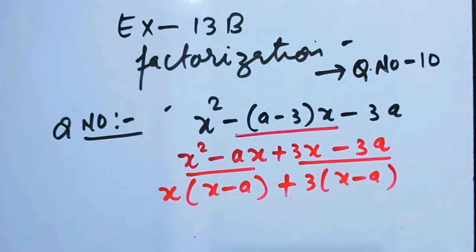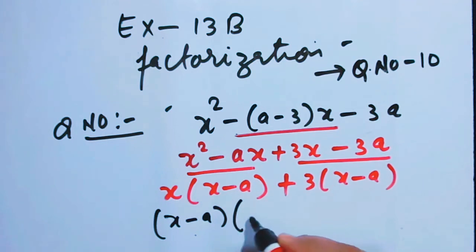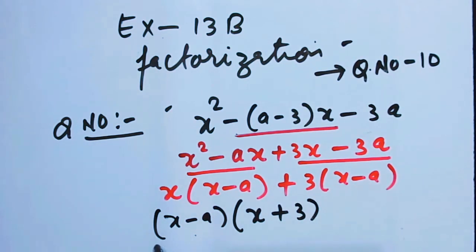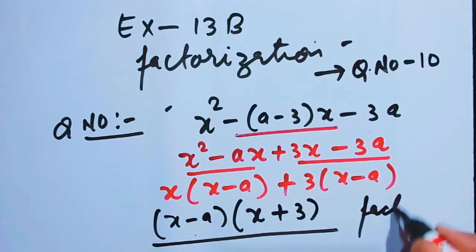Hence, since we got the common term x minus a, again we are going to take out this common term x minus a, and the remaining, that is x plus 3, should be written in order to give you these two terms in its factor form.